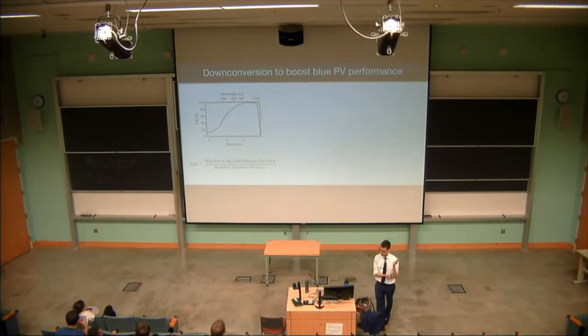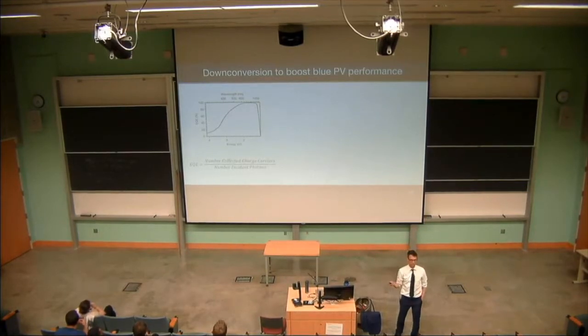One way to potentially boost the efficiency of solar cells is with down conversion. To motivate that, let me show you some external quantum efficiency data. Whenever you look at a solar cell, its efficiency is different depending on the color of light that hits the solar cell. You can see in this graph that near-infrared light that hits the solar cell is very efficiently converted into power.